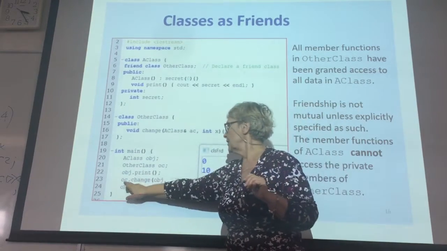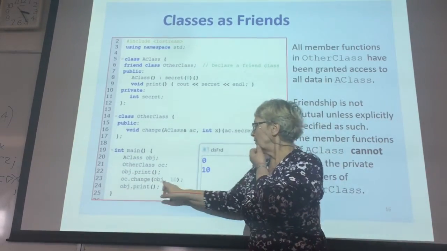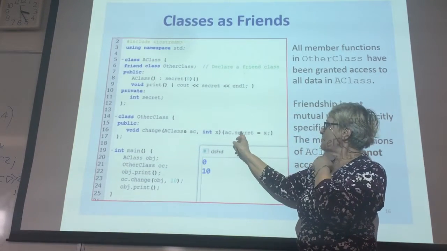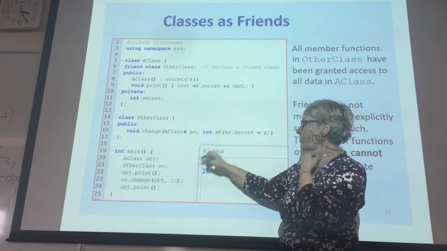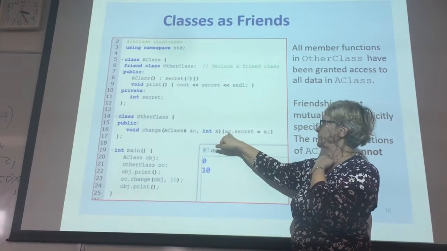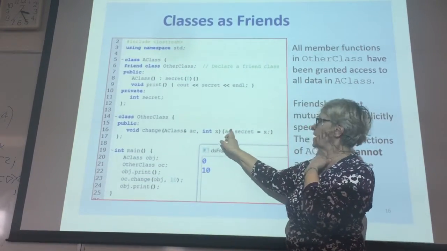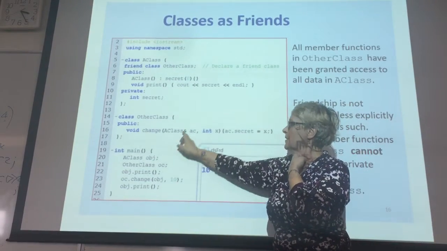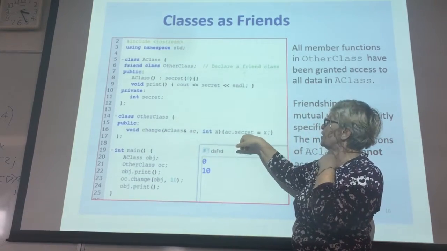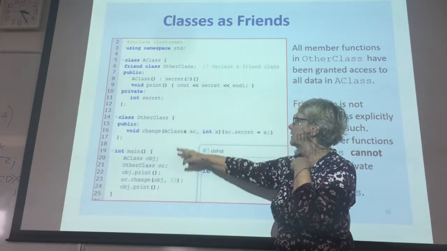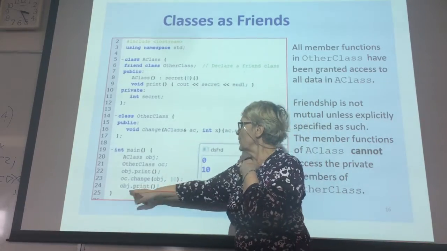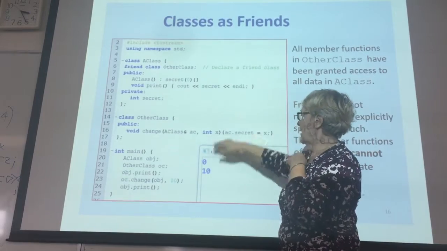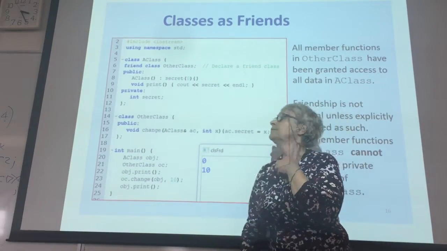Therefore, when this is called with second argument 10, we end up with our object, this being a synonym, right? This object's secret value is changed to 10. Therefore, when we print our object, we get out 10.